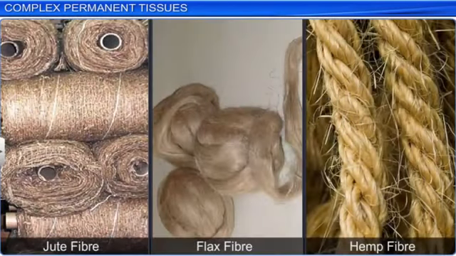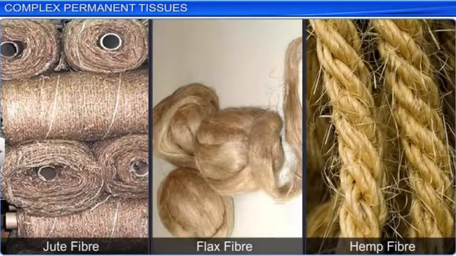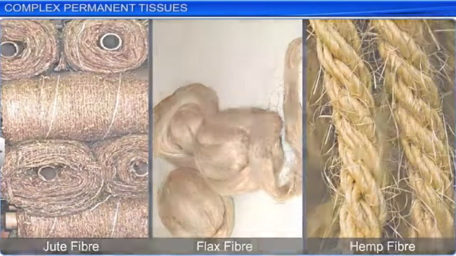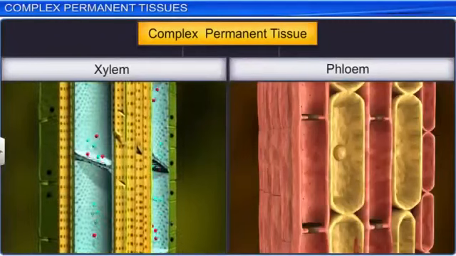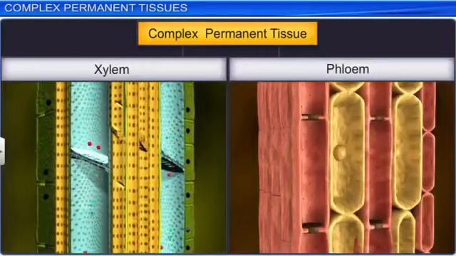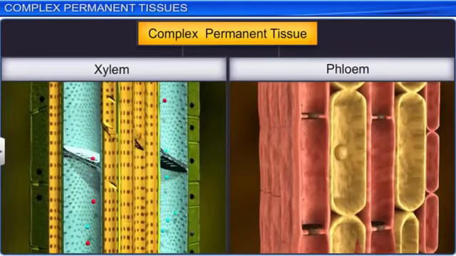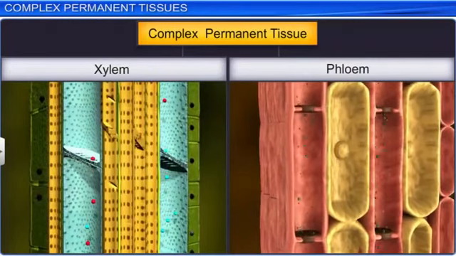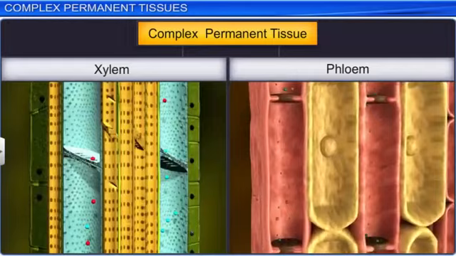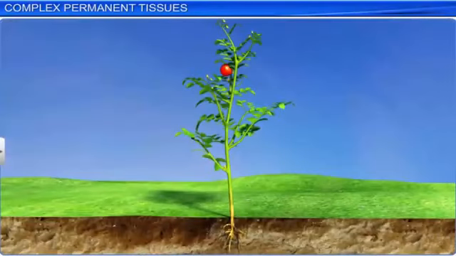Jute, flax, and hemp are some examples of commercially used phloem fibers. Complex permanent tissues are engaged in the transportation of water, minerals, nutrients, and organic substances. Therefore, they are extremely essential for the survival of plants.